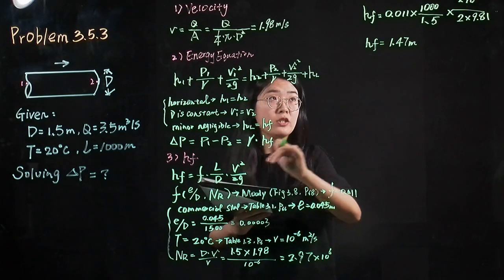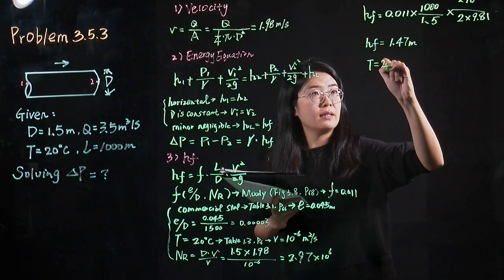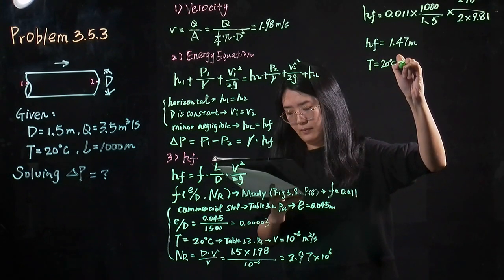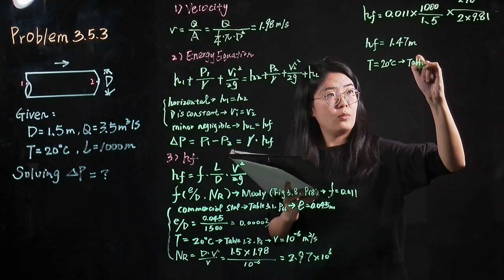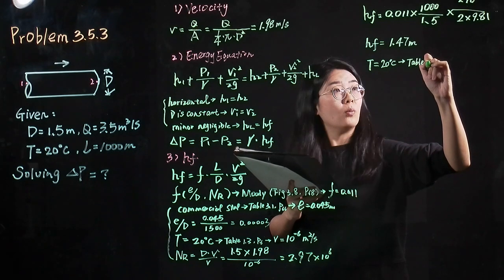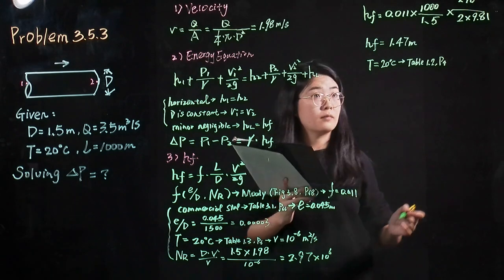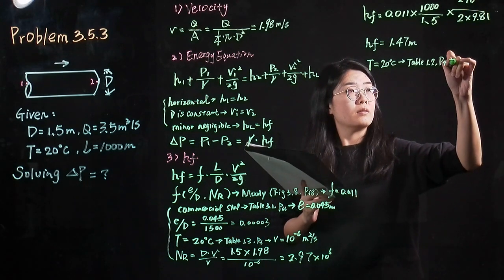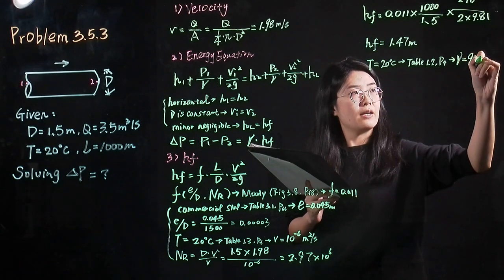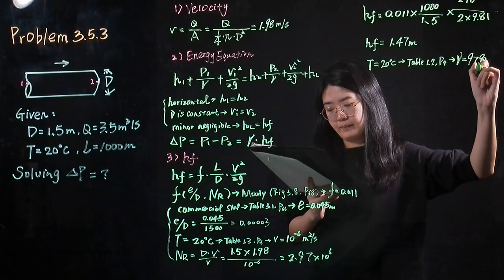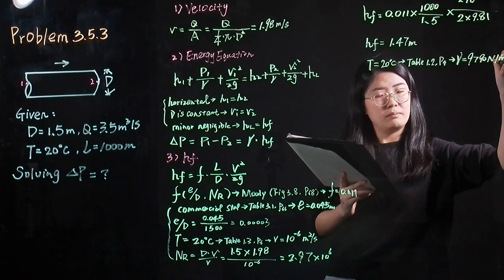And as we just mentioned, at temperature 20 degrees Celsius, if we search the specific weight of water on table 1.2 at page 4, the specific weight of water is equal to 9,790 Newton per cubic meter.